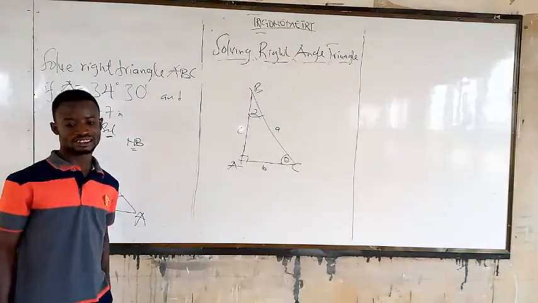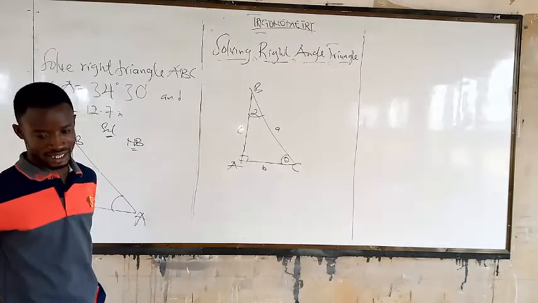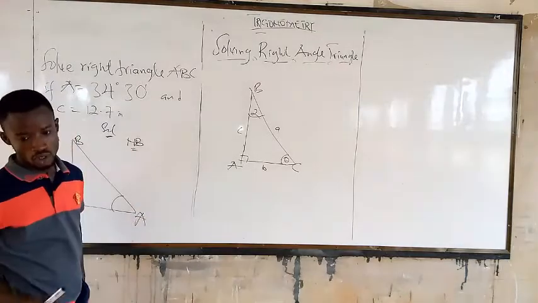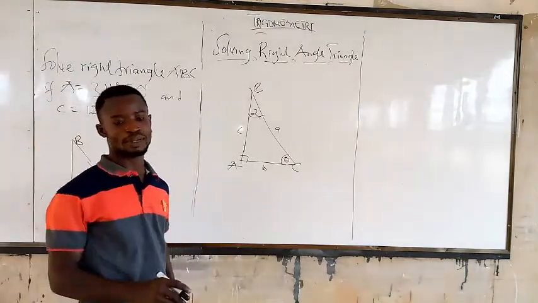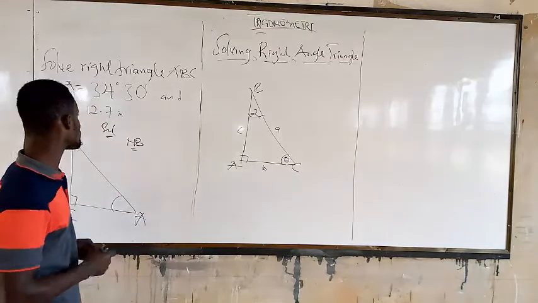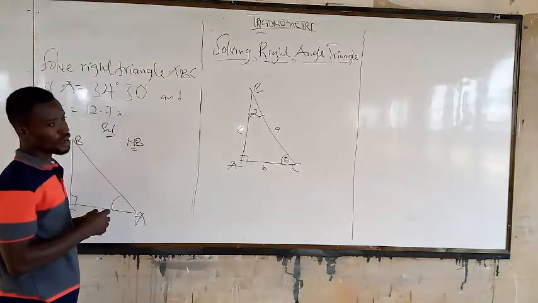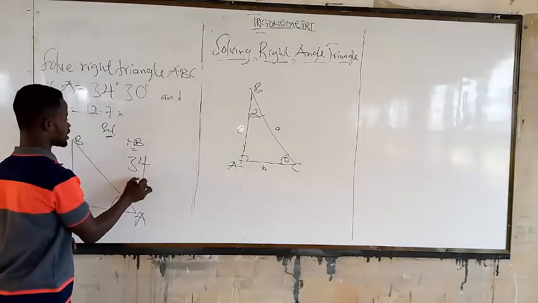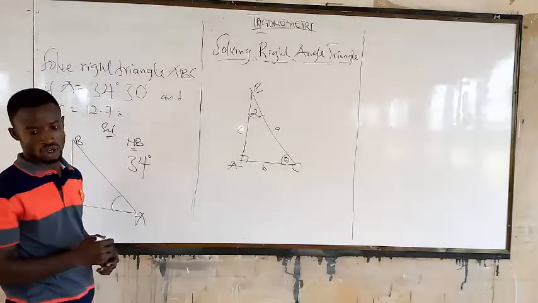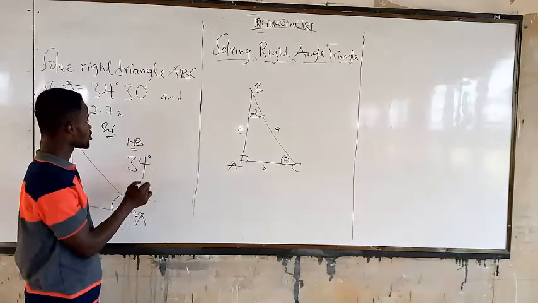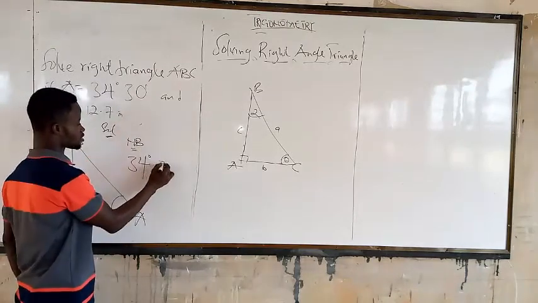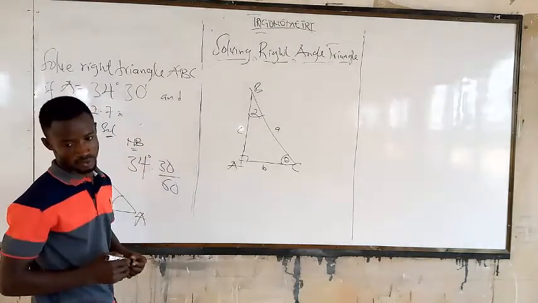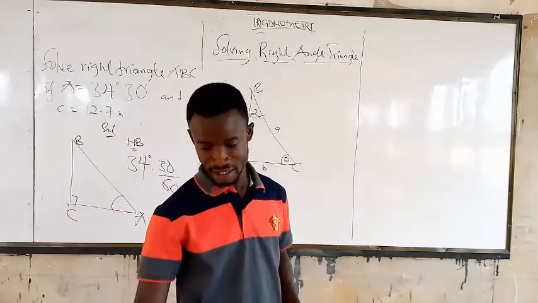The 34 is already in degrees. Then, to change this 30 minutes, you divide by 60.